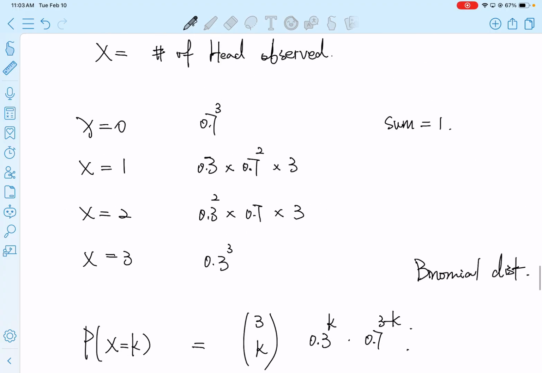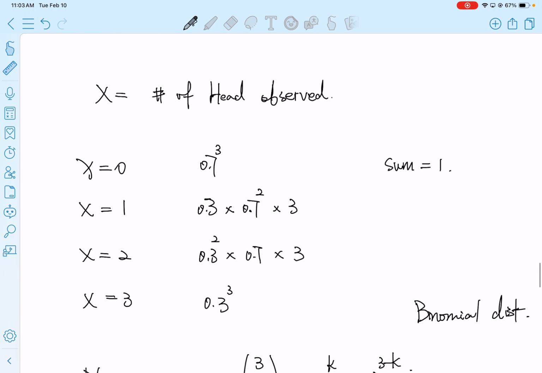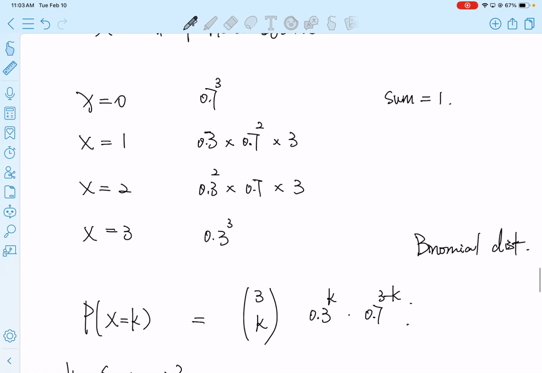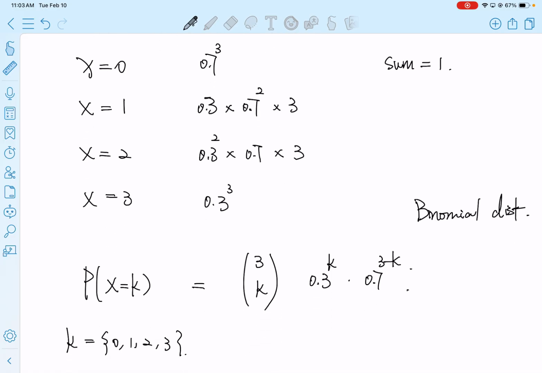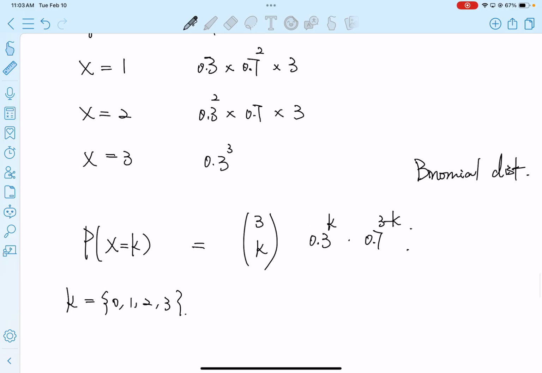When we're flipping 3 coins, we have 8 outcomes, but when we talk about the random variable, there are only 4 different cases that we should consider. By describing this random behavior, by counting how many heads, we have built a distribution, which is the binomial.